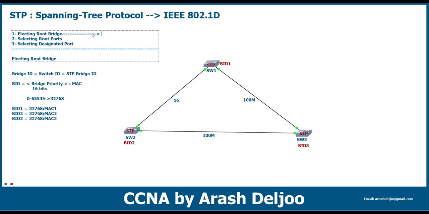In STP, the root bridge is the switch with the lowest STP bridge ID. Each switch has one bridge ID, and the bridge IDs cannot be equal because in the bridge ID we are using the MAC address, and the lowest bridge ID is the root bridge.